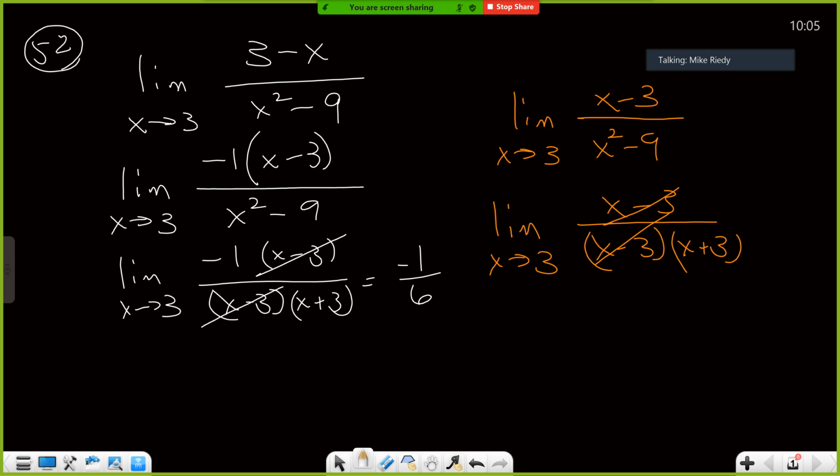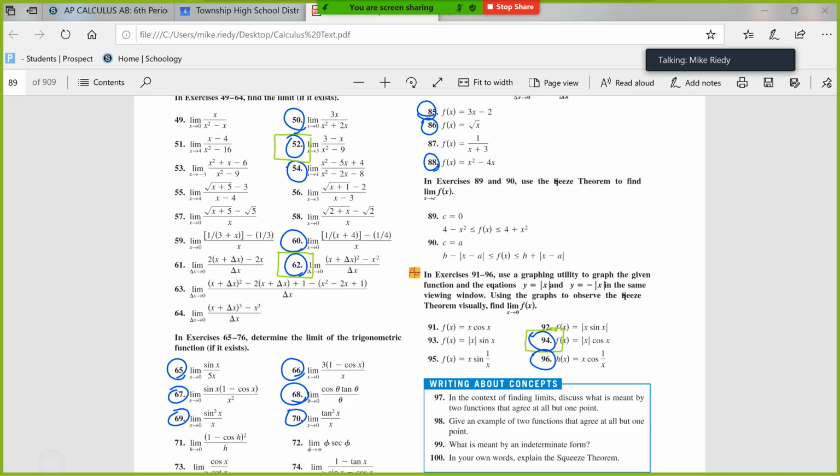Okay? So the limit itself is not difficult. The algebra really isn't that difficult if you see the trick. If you don't see the trick, then we obviously have some problems. I had 62 next.